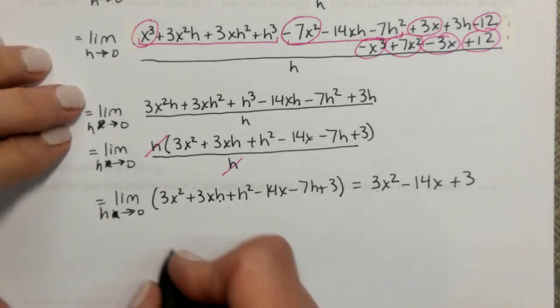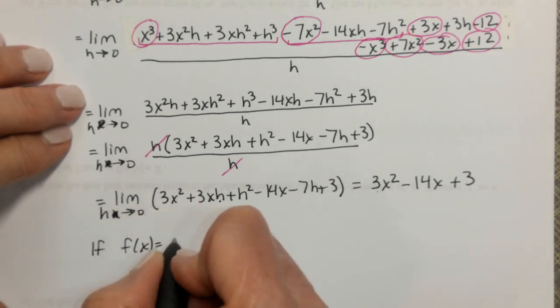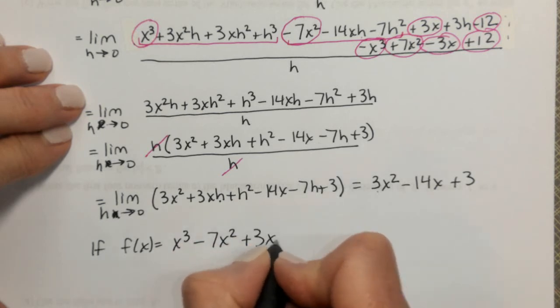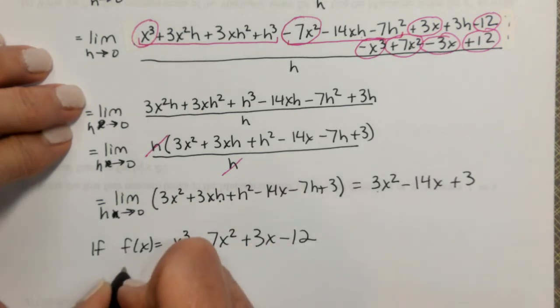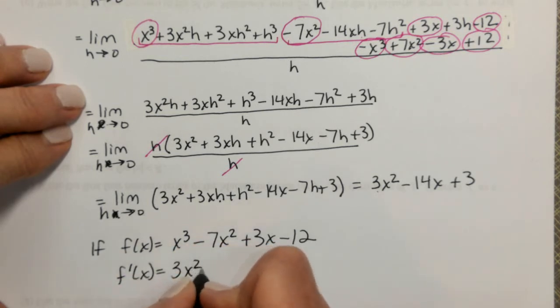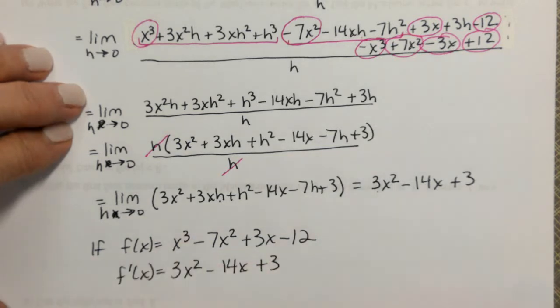So we found that if f of x is x cubed minus 7x squared plus 3x minus 12, f prime of x will be 3x squared minus 14x plus 3. That's what we found.